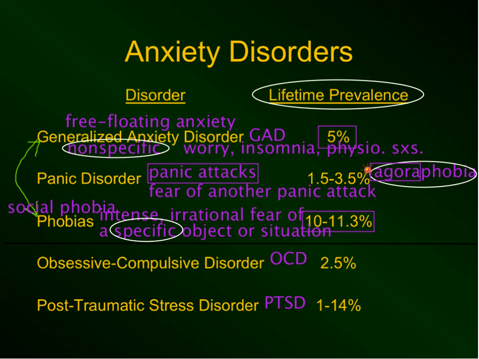So if I develop agoraphobia, very often what happens is I become a shut-in. I won't leave my house or my apartment because I feel safe in that context. And if I have a panic attack in that limited physical space, I know what to do and I know how to handle it. Whereas if I were out and about in an open space, I'm not sure what would happen or what I would be able to do to manage that panic attack.